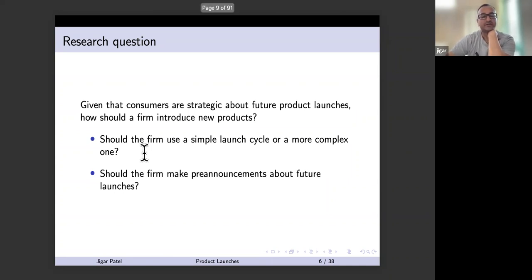The first information structure is where the firm releases products on the go, as in they don't give any information in the market about how much innovation they are going to incorporate in the next product. As time passes, they release a new product. That's one information structure, which we call the market, which is on-the-go launch policies.